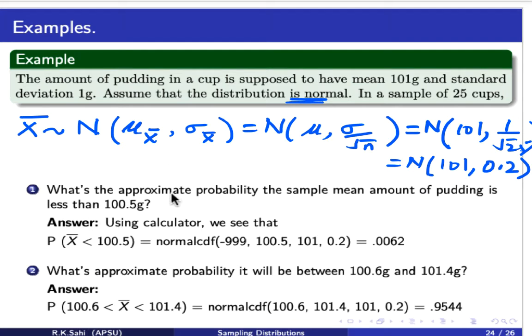We would like to approximate the probability that the sample mean amount of pudding is less than 100.5 grams.